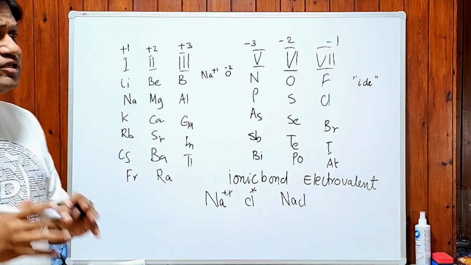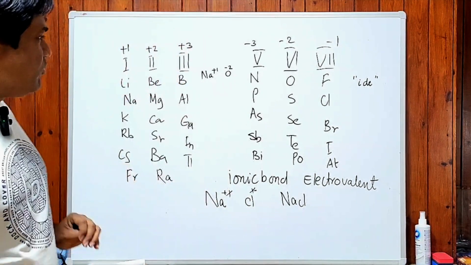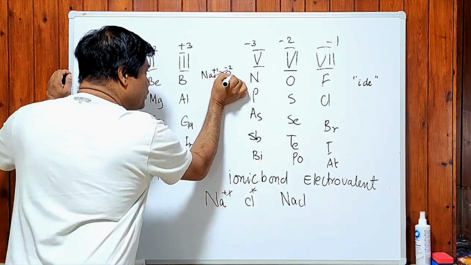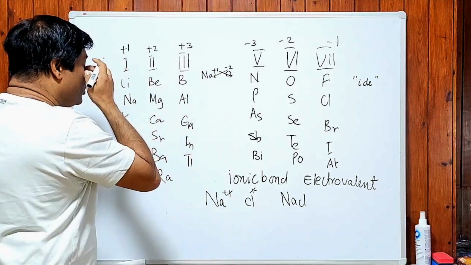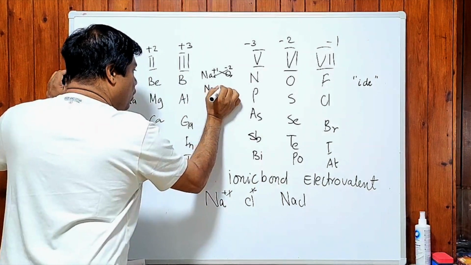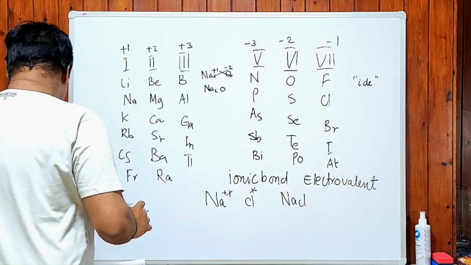So this is the easy method. Some teachers call this the crisscross method. Very easy method. Take 2 to this side and 1 to this side. Only the number, not the charges. Na2O, sodium oxide.